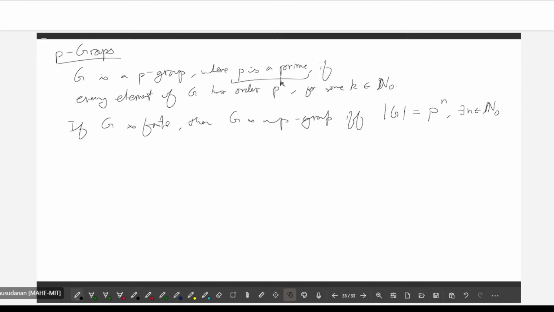In fact, I'll define this. You take the set of all sequences from N to ZP, but not all of them.